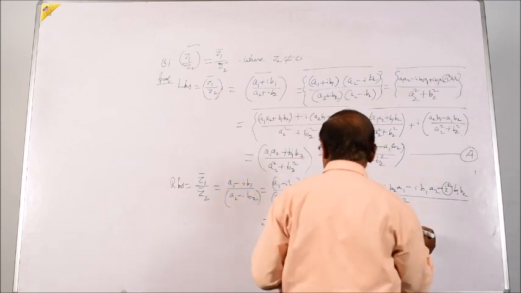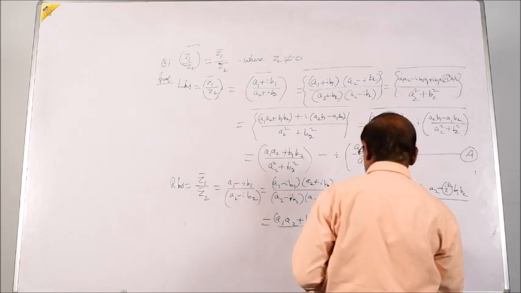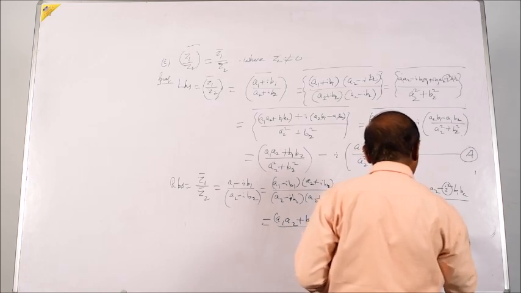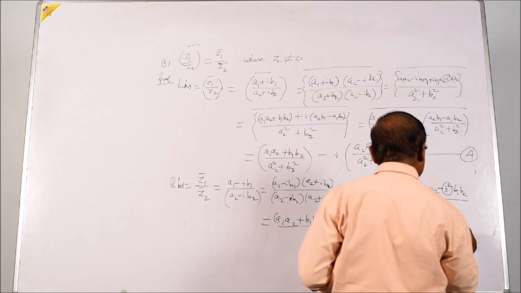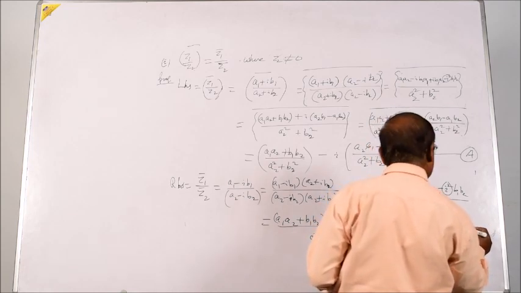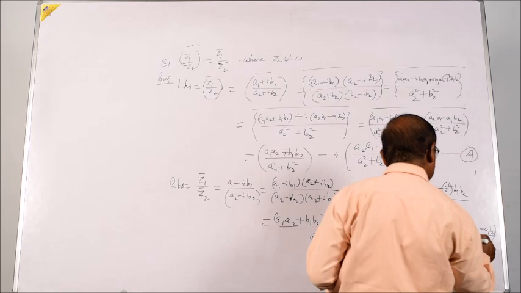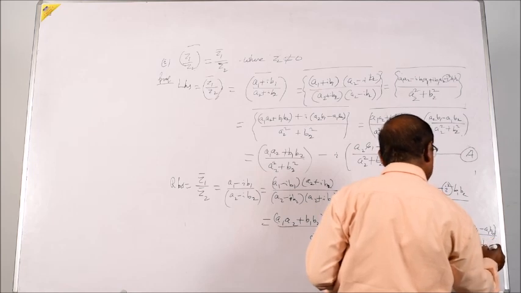It is nothing but A1 A2 plus B1 B2 by A2 square plus B2 square, sorry, minus i whole into A2 B1 minus A1 B2, whole divided by A2 square plus B2 square.